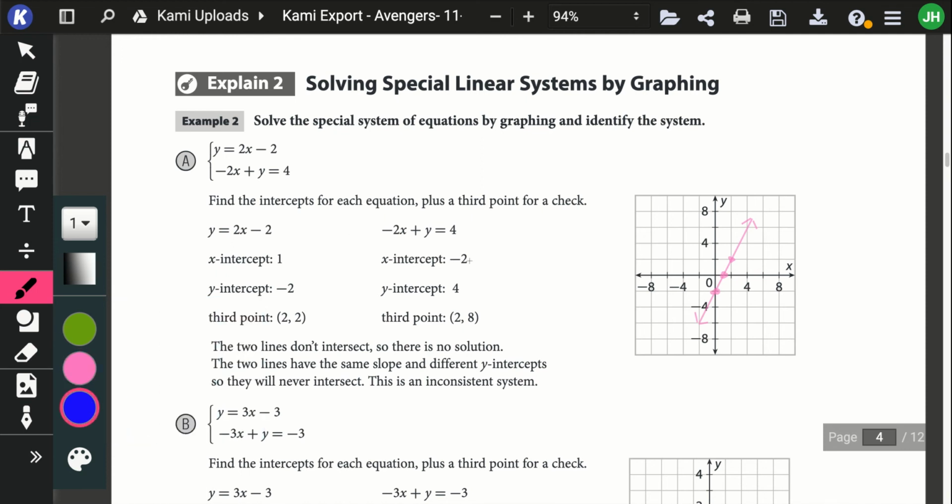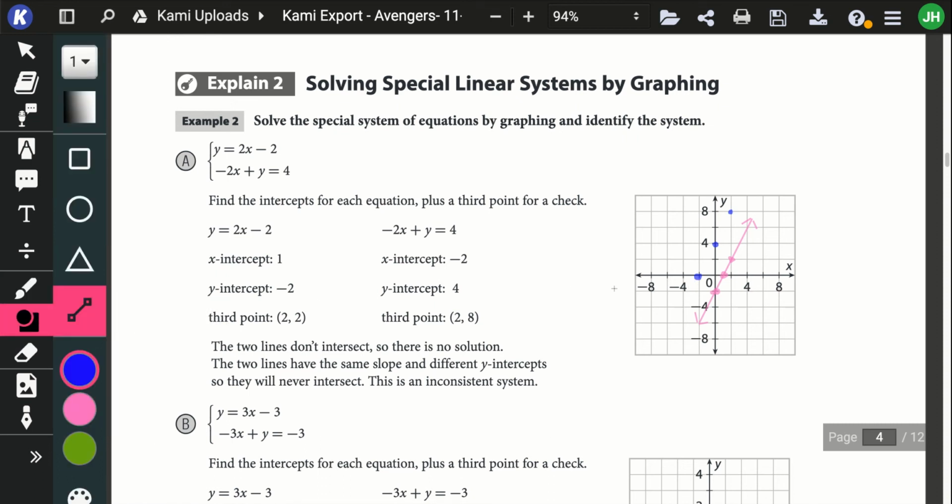Next one. X is -2, y is 0. X is 0, y is 4. X is 2, y is 8. Okay, what do we know about these lines?